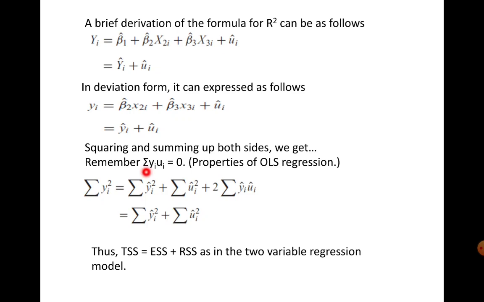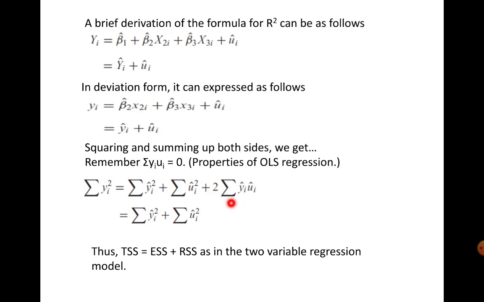So you have yi hat square plus ui hat square plus 2 times yi hat ui hat. Now I have squared it up and then I have summed it up across n observation, so I have put in this summation sign. Right, here I have taken 2, it's a constant, so I have taken 2 outside the summation sign.